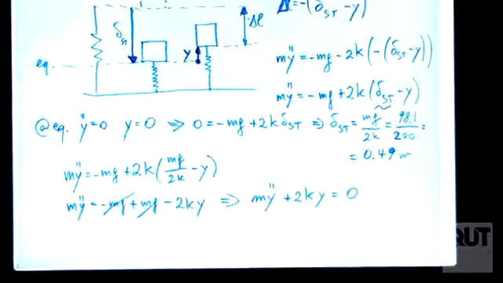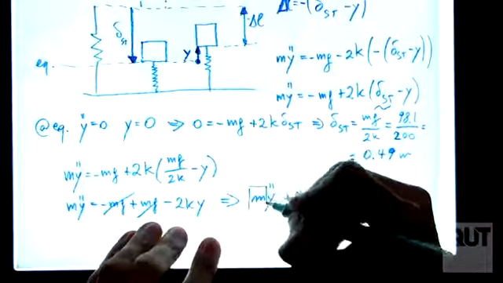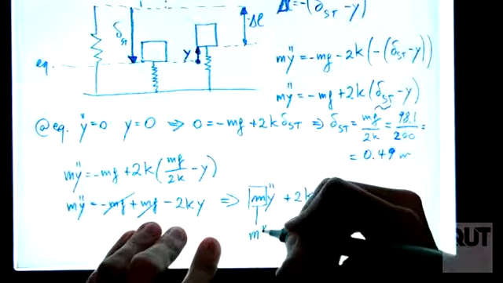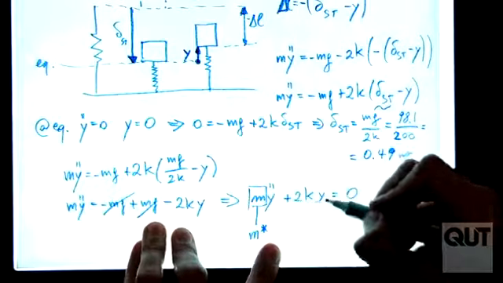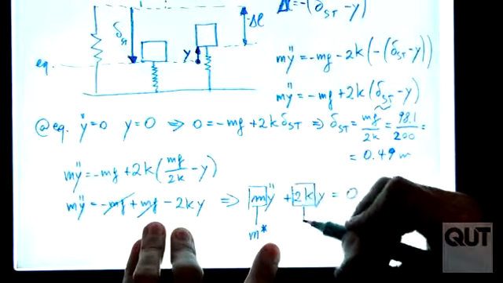So this equation looks very similar to the one I found before in the slides for the other exercise, right? Now, everything in front of y dot dot, I call it m star. In general, it could be different from m. And everything in front of y, I call it k star.